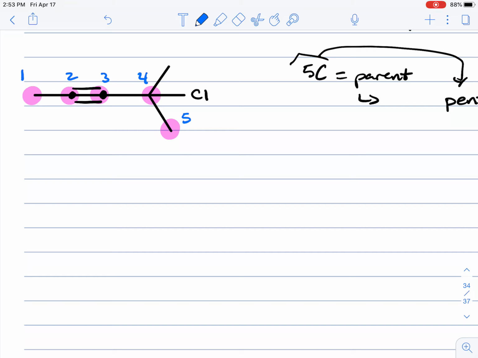And if I go from left to right, I'm focused on my triple bond, right? So the beginning of my triple bond, if I go from left to right, starts at carbon 2. Okay, so carbon 2 is the carbon number that will start my triple bond.